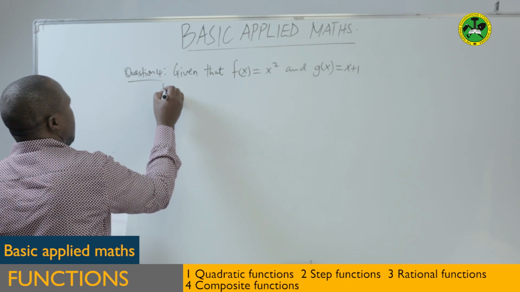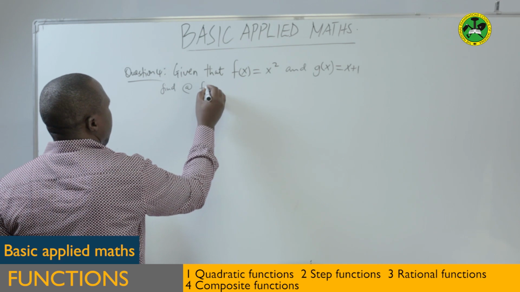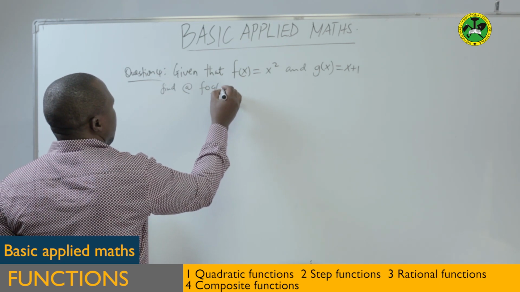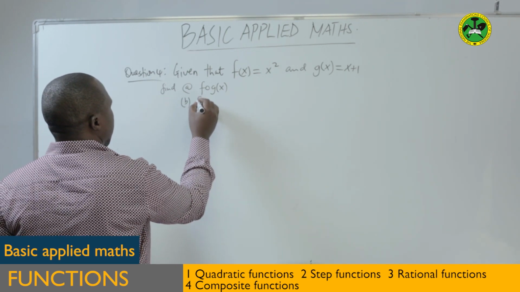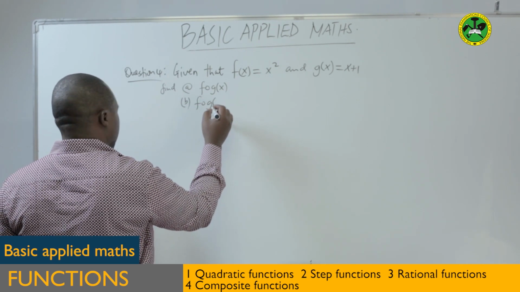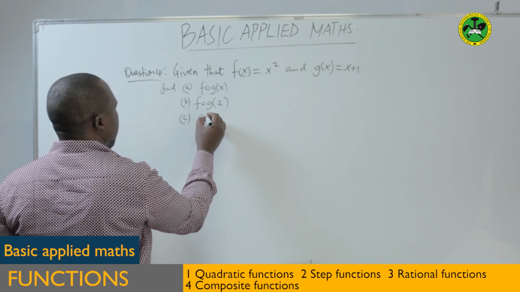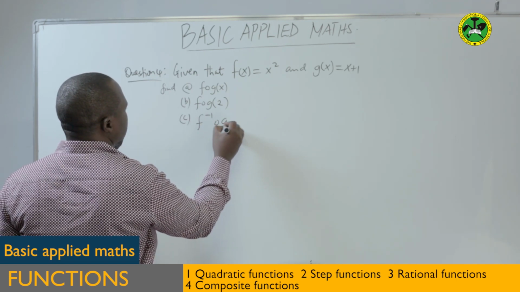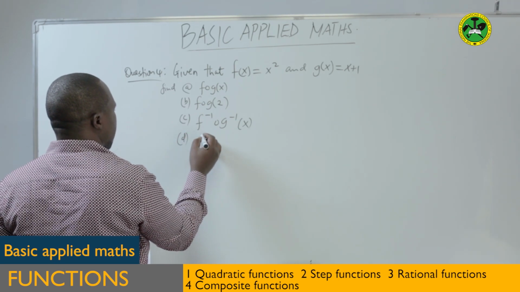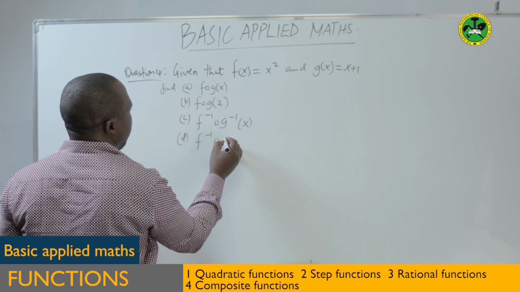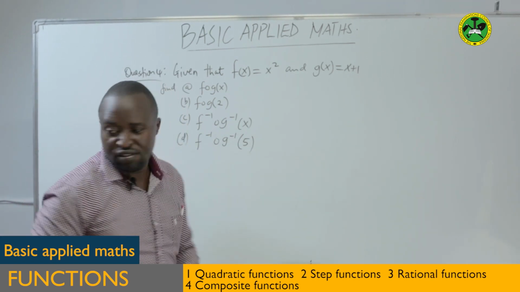Now find A, f of g of x, and B, f of g of 2, C, f inverse of g inverse of x, and D, f inverse of g inverse of 5.